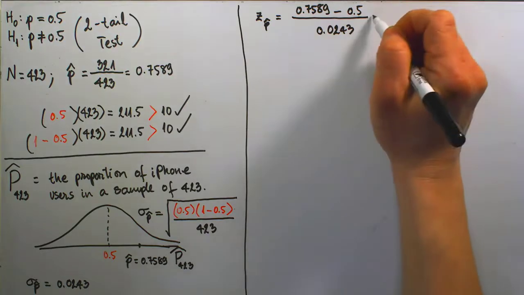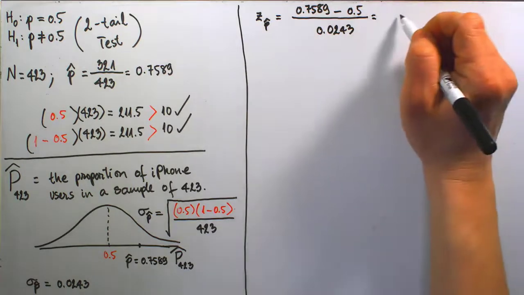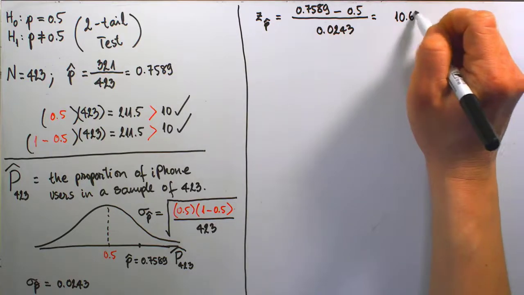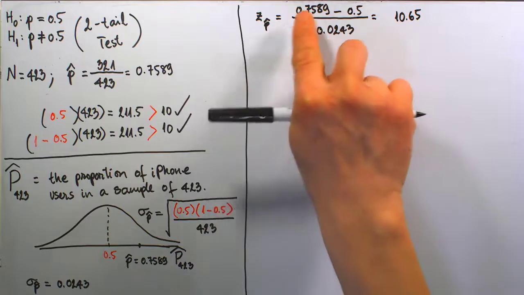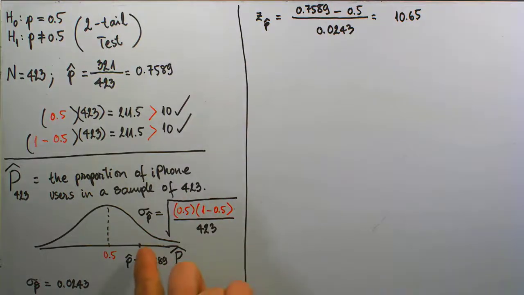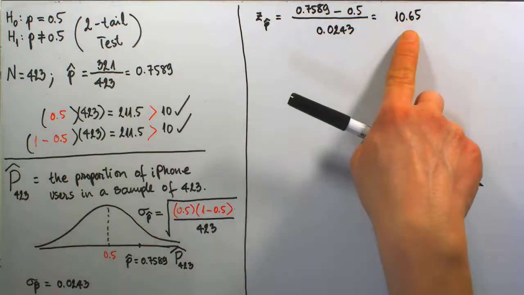The final calculation comes out to be positive 10.65 as the z-score for this sample proportion. So what it says here is that from where our sample stands on this bell curve relative to the center of the bell curve, it is at z-score positive 10.65.